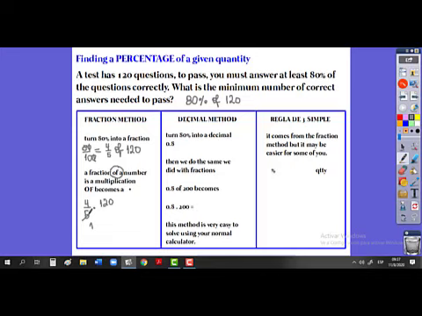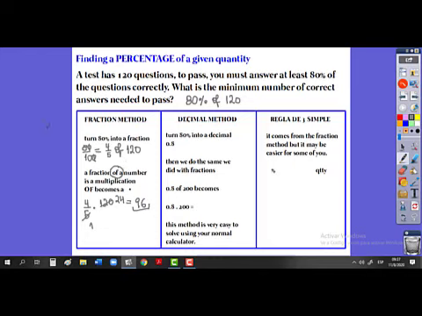And 120 divided by 5, you obtain 24. And 24 multiplied by 4 is 96. So this means that you need to answer 96 questions out of 120 correctly to get a passing grade, right? So this is one of the methods, using fractions.